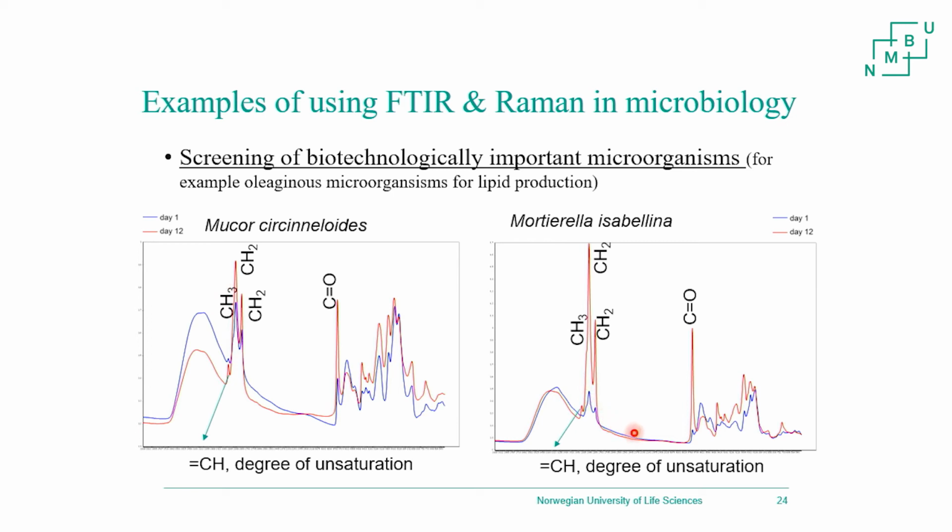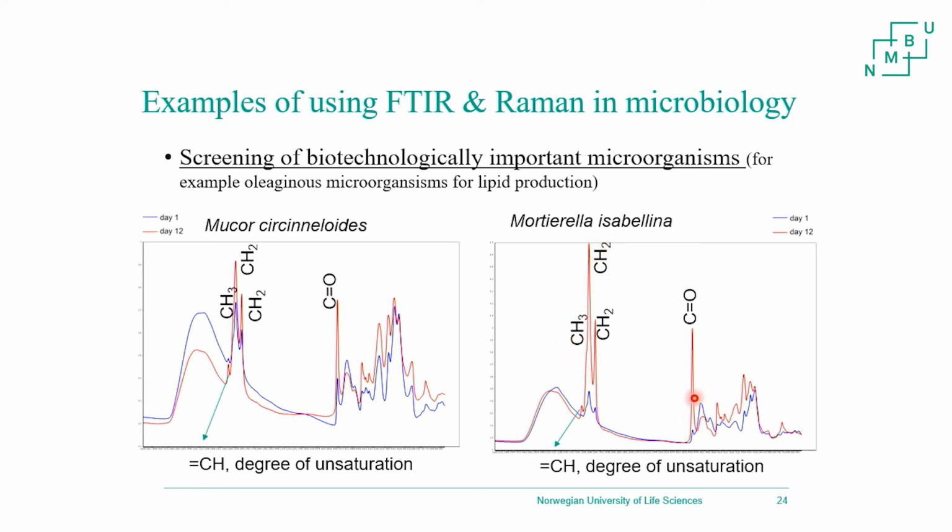Even more significant changes we get in the fungus Mortierella isabellina, where the peak related to the ester bond is increased so much that it's even higher than the polysaccharide related peaks. And we have a very significant increase in the CH2 and CH3 stretches.